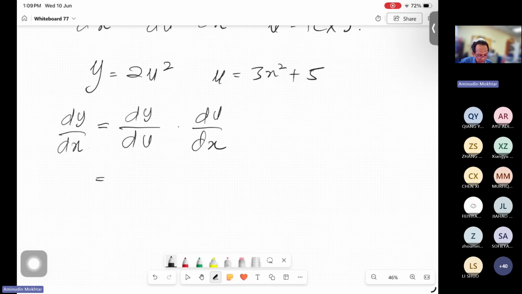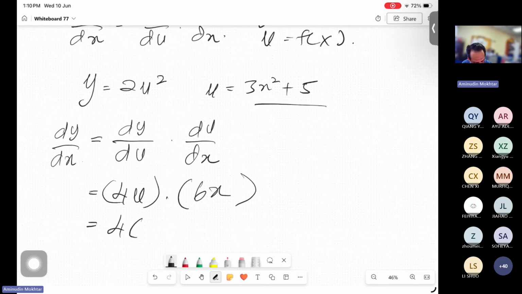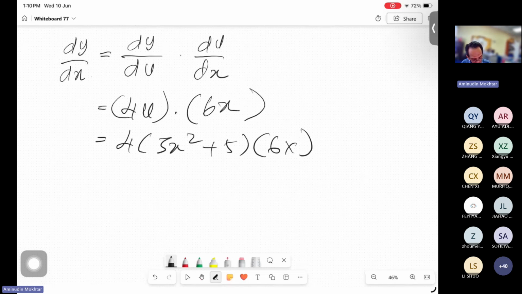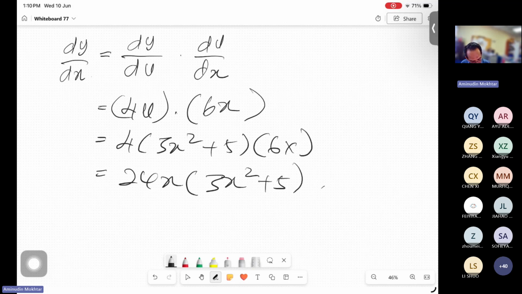So what is dy/du? dy/du is based on the power rule. This equals 4u times du/dx. du/dx is equal to 6x plus 0, which is 6x. So we can just substitute u. What is u? This is u. So 4 times (3x squared plus 5) times 6x. We can simplify this equation into 24x times (3x squared plus 5). Okay, that's the answer.